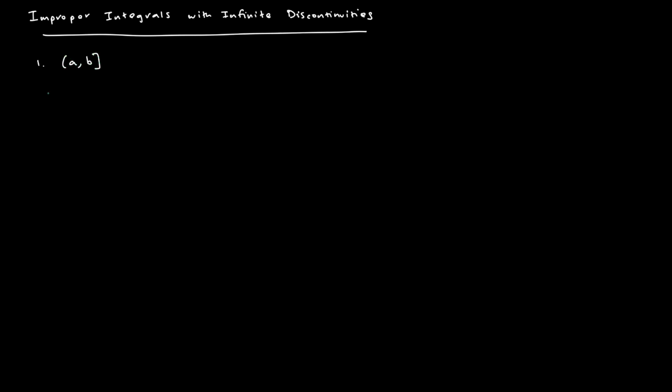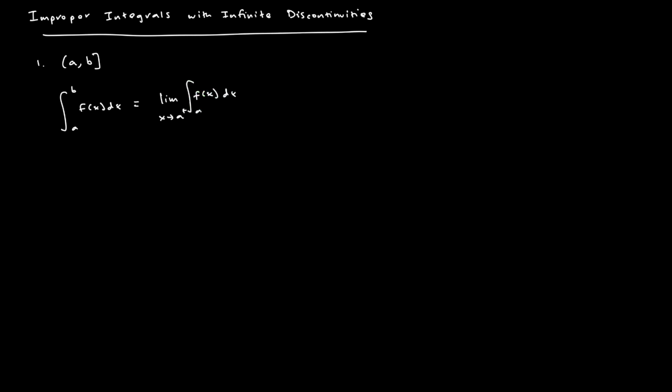So we're trying to evaluate the integral from a to b of f of x dx. And that turns out to be the same thing as the limit as c tends towards a from the positive side of the integral from c to b of f of x dx.